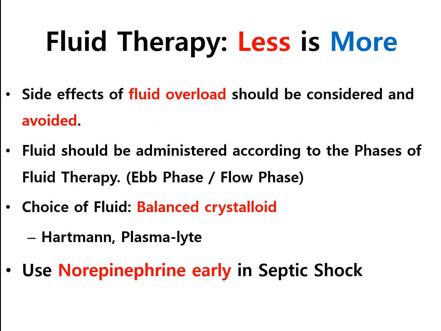Side effects of fluid overload should be considered and avoided. Fluid should be administered according to the phase of fluid therapy, such as ebb phase and flow phase. Prefer balanced crystalloids over normal saline in most sepsis cases. Use norepinephrine early in septic shock if needed to reach BP targets.